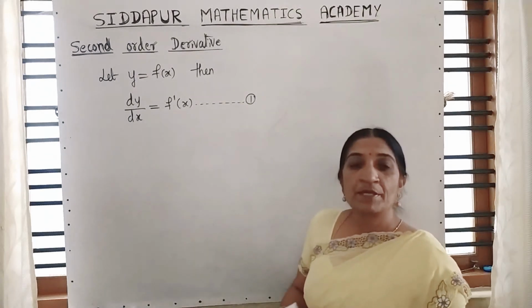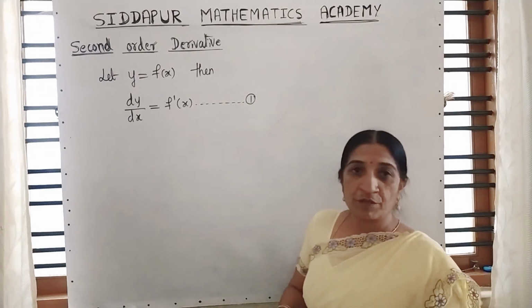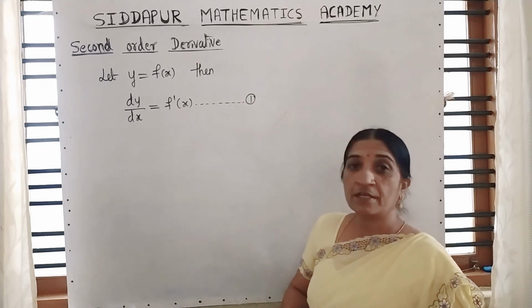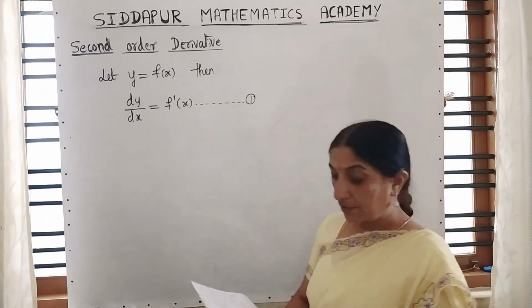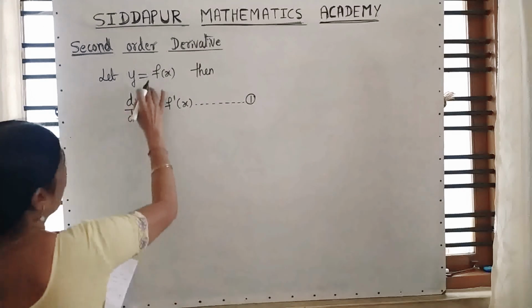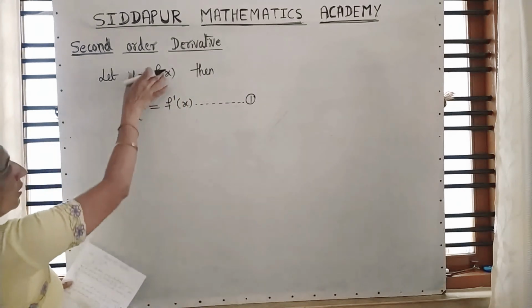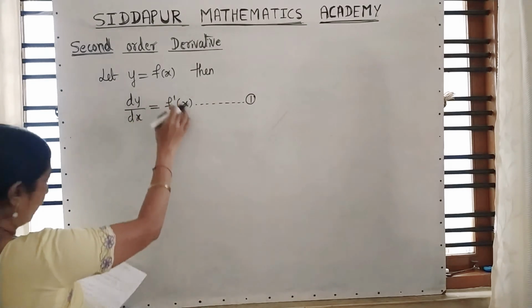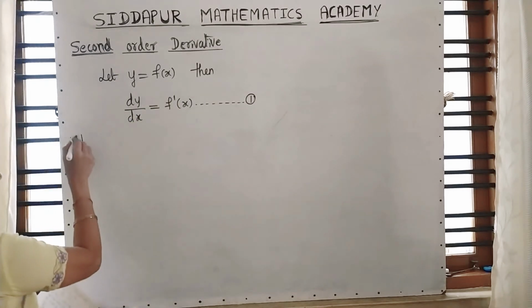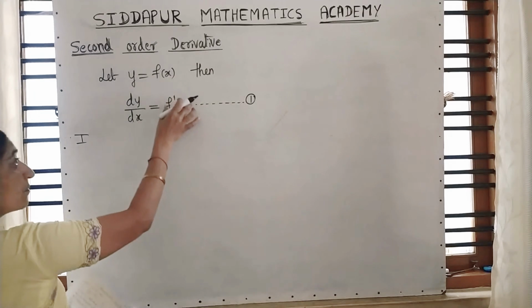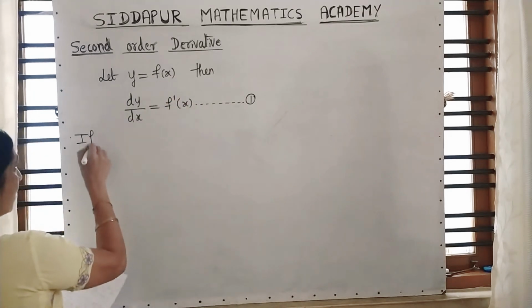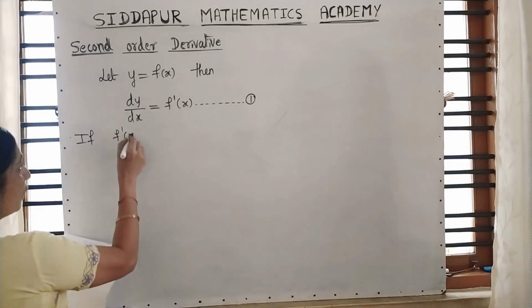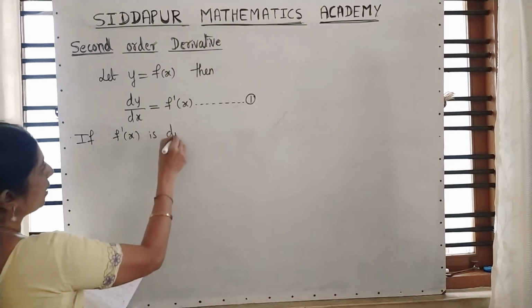So now I am explaining to you the important concept of differentiation, that is the second order derivative. First see this, here y is equal to f of x is a given function. When you are differentiating with respect to x, you will get dy upon dx is equal to f dash of x.